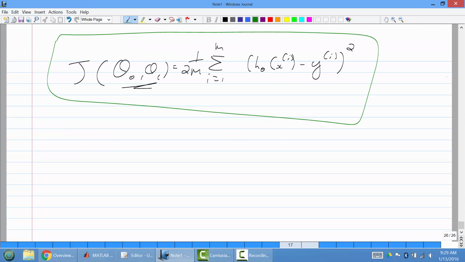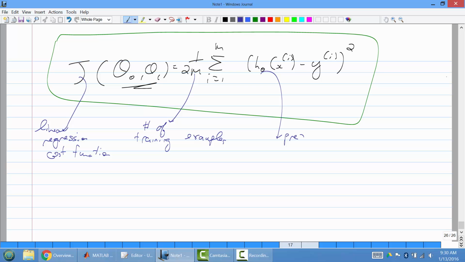Okay, so this is the cost function. This is the number of training examples, m. This is the linear regression cost function. And this is the predicted value of xi, going from 1 all the way up to m, given theta 0 and theta 1.